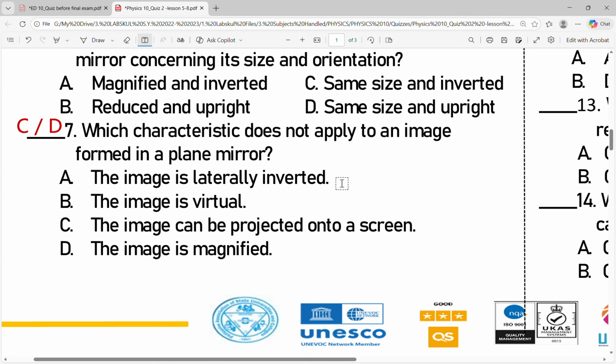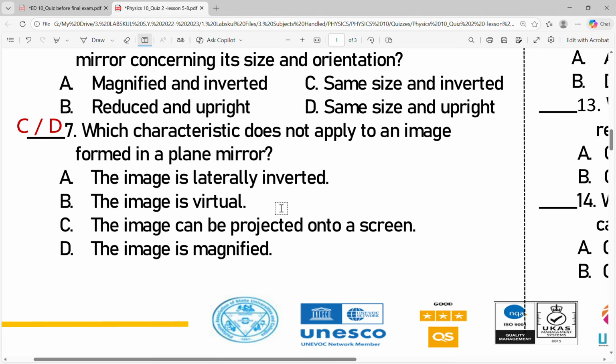That's clear to us, right? Because when you look at yourself in a plane mirror, when you raise your left arm, it seems like the image you're looking at is raising his right arm. So there's a lateral inversion happening there, and that occurs in a plane mirror. Aside from that, letter B applies to an image formed in a plane mirror because the image is virtual.